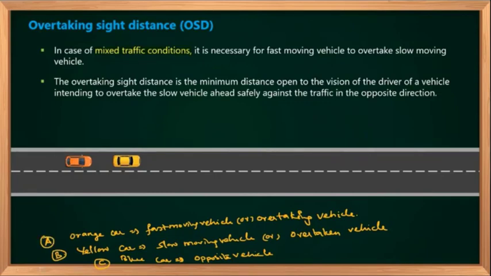So what A is doing, A is coming in a faster way, at very high speed. When it intends to overtake B, it will come to B's speed, the yellow car's speed, and it will look at the right hand side, that is the second lane.